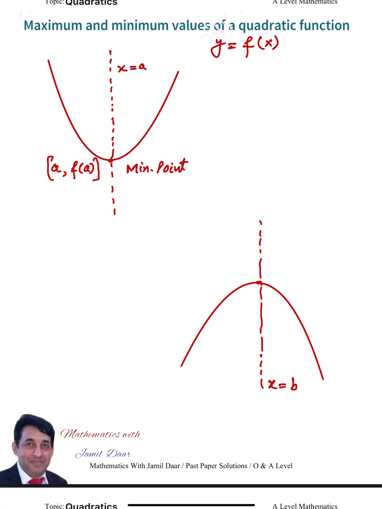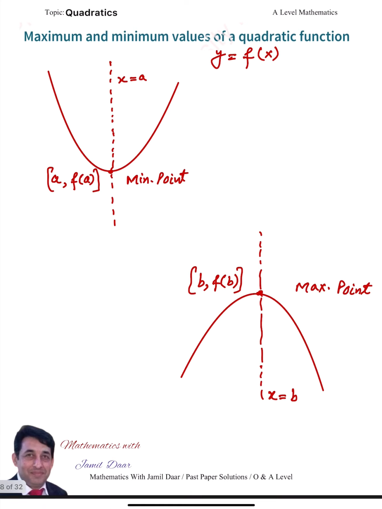This turning point will be called the maximum point, and the turning point will have x equal to b and y equal to f of b.